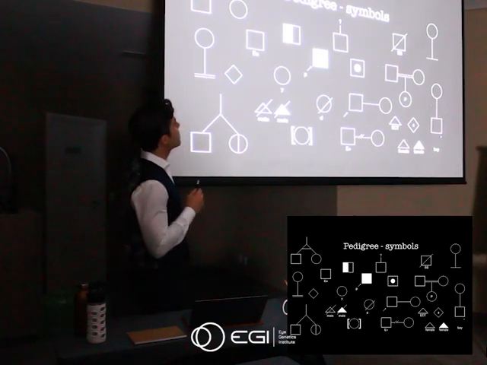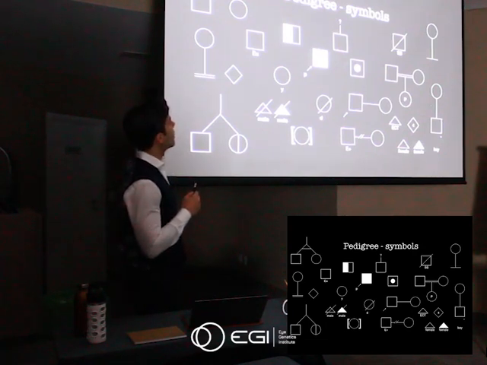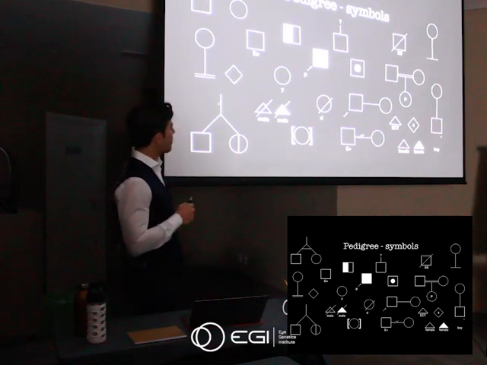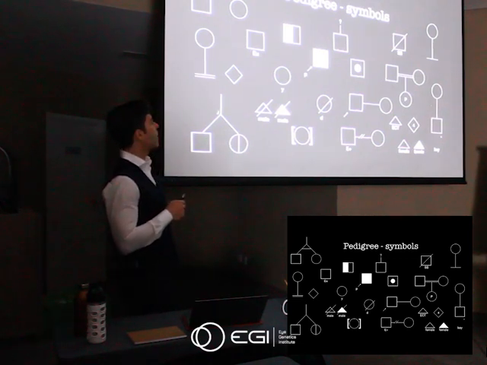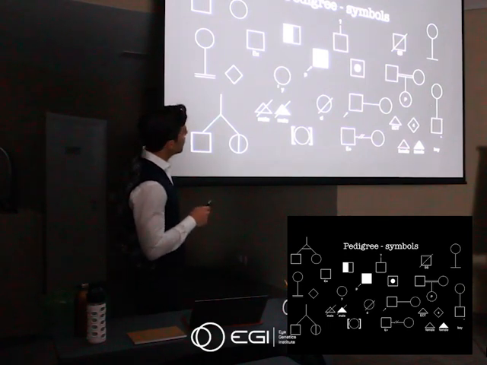This here means that we have monozygotic twins. And when we have this here, we have dizygotic twins.